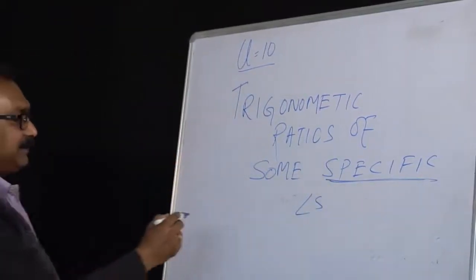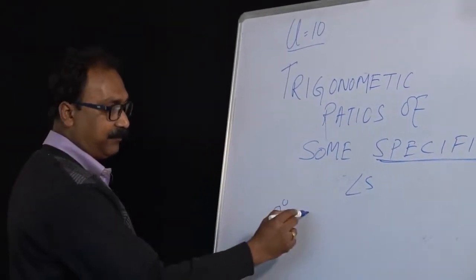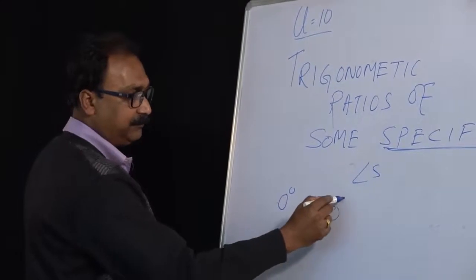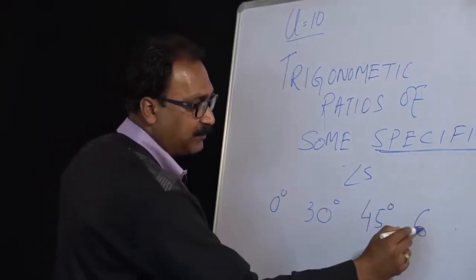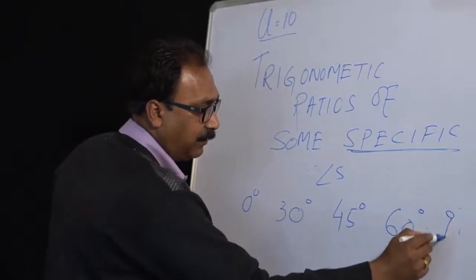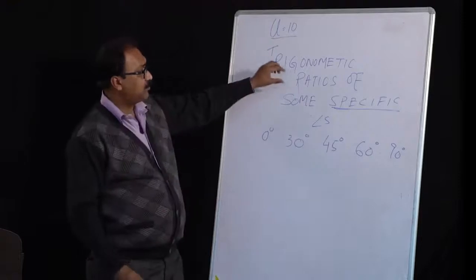So what are the angles? The specific angles are 0 degree, 30 degree, 45 degree, 60 degree and 90 degree. You have already learned the six trigonometric ratios.